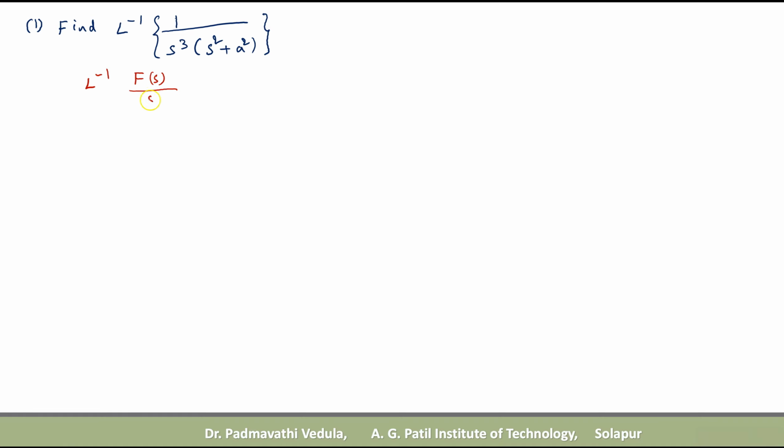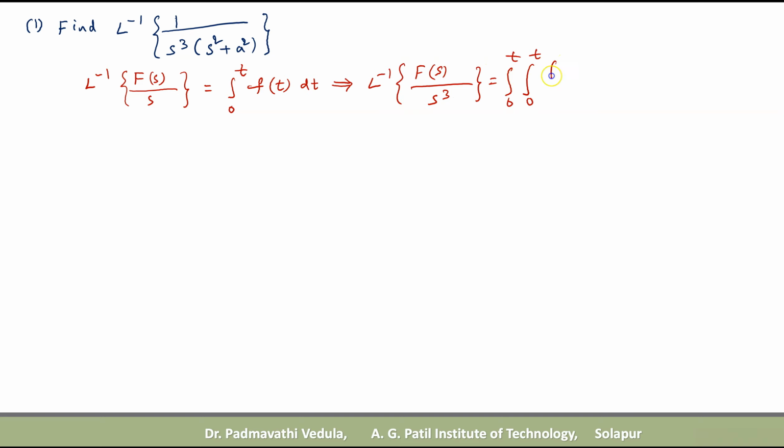f of s by s we know, which is equal to integral 0 to t f of t dt, which implies L inverse of f of s by s cube equal to integral 0 to t, integral 0 to t, integral 0 to t, f of t dt, again dt, again dt.